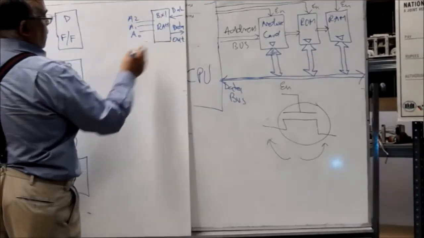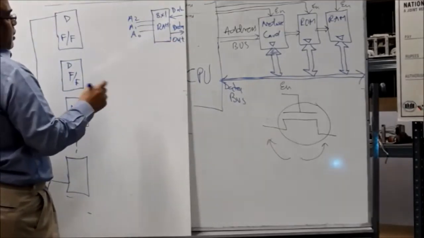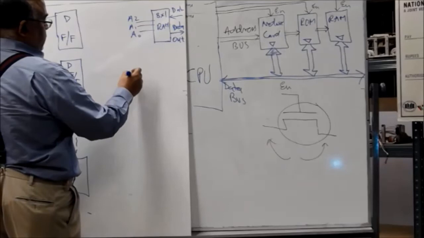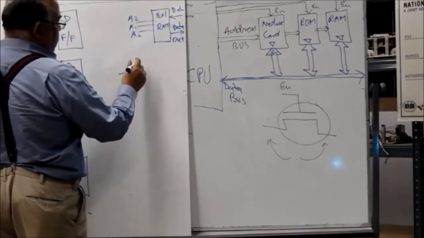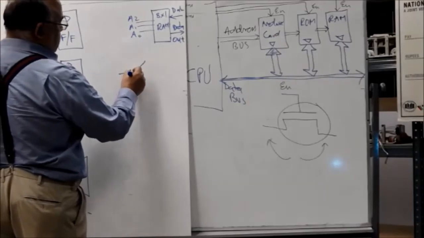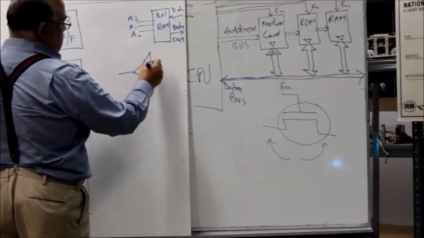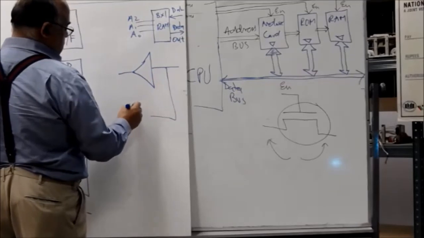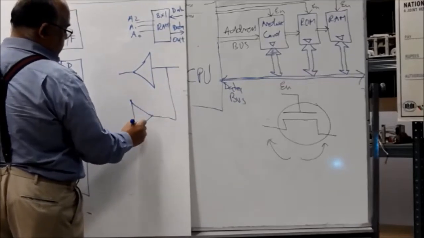Within each location, we have one flip flop like this, one tri-state buffer like this, and one tri-state buffer like this.